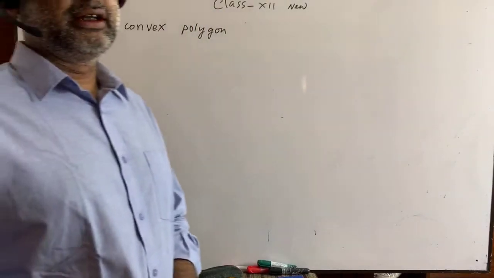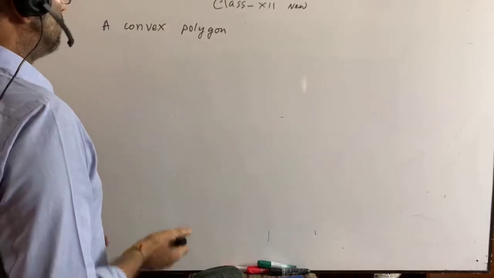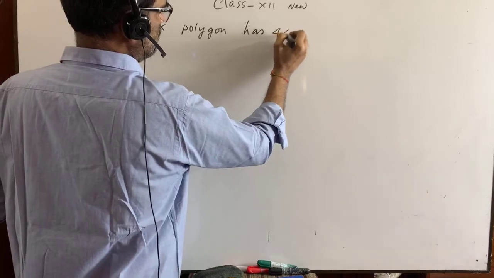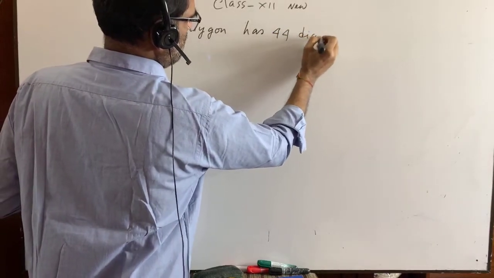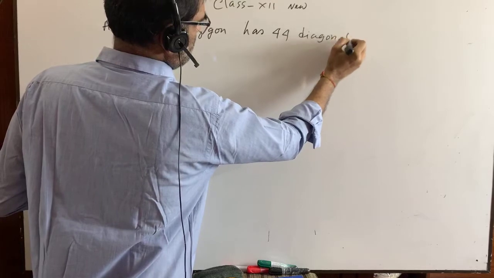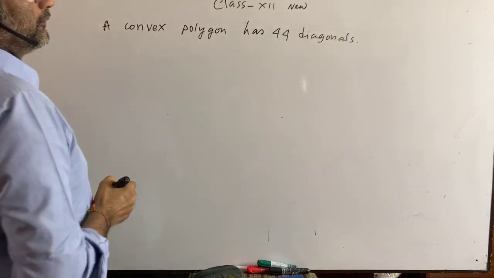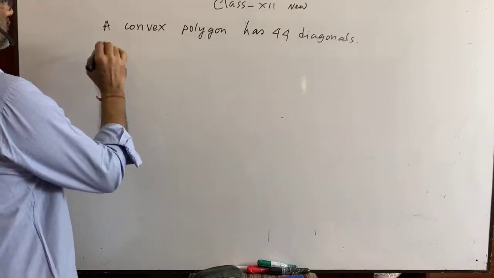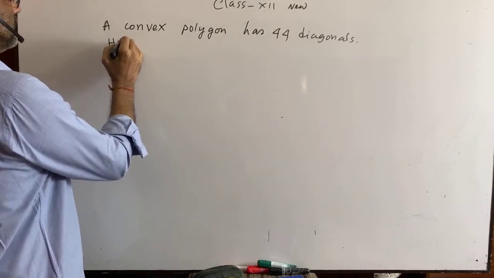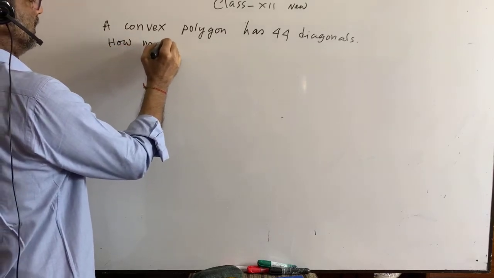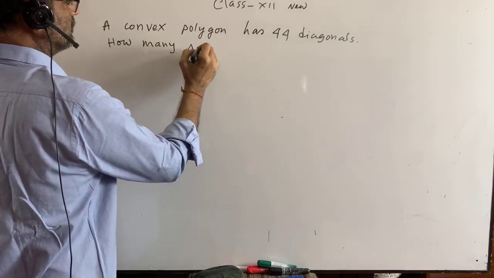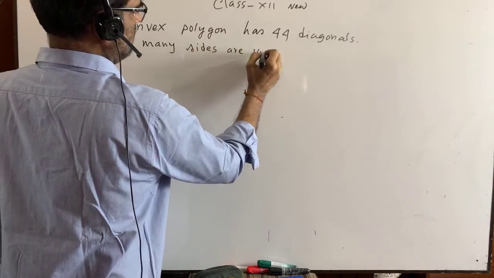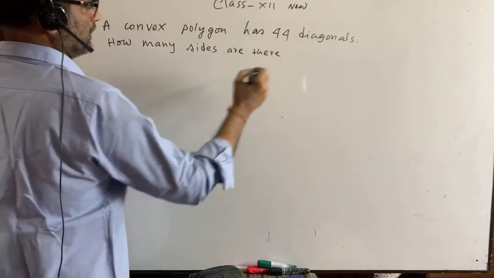No angle is greater than 180 degrees. A convex polygon has 44 diagonals. How many sides are there in the polygon?